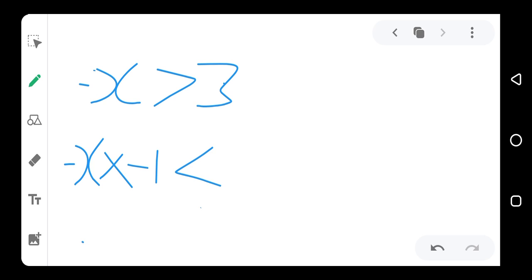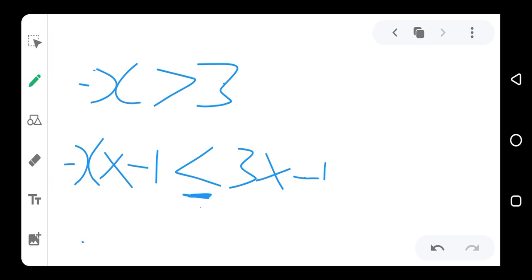So we have it is less than -3 multiply by minus 1. If we are multiplying both sides by a negative number, then we change the sign.